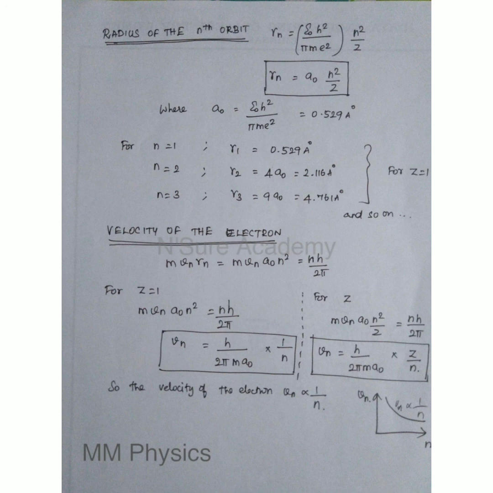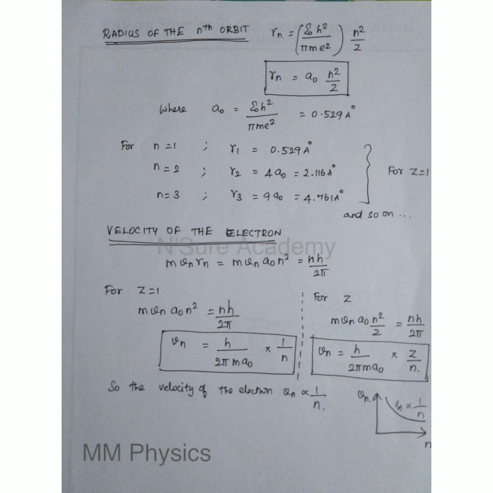For Z equal to 1, very important, Z equal to 1, for the hydrogen atom, n equal to 1 gives R1, n equal to 2 gives R2, n equal to 3 gives R3, which are respectively 0.529 Angstrom, 2.116 Angstrom and 4.761 Angstrom. By substituting the n value as well as the Z value, we derive the radius.